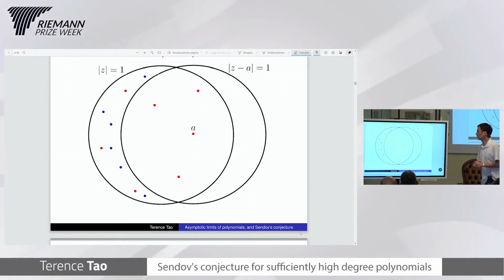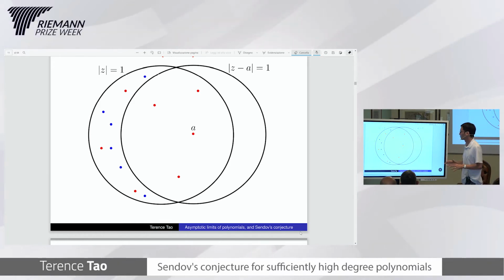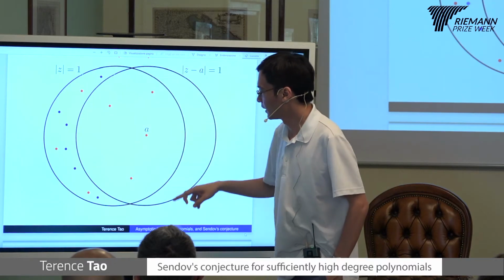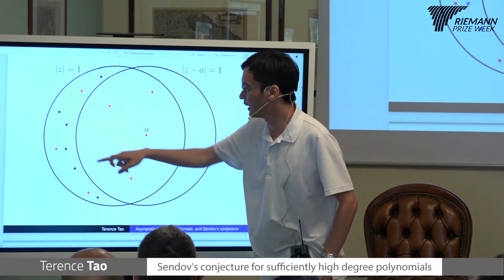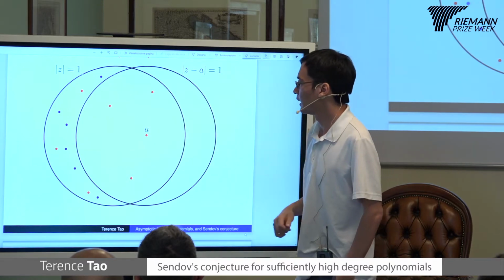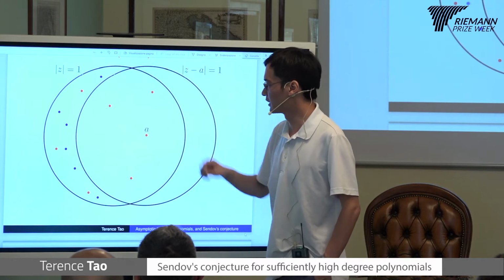Okay, so here is a depiction of the situation. This is a situation that cannot happen if Sendov's conjecture is true. So here's the unit disk. The red points are the zeros. All the zeros lie in the unit disk, which means that all the critical points lie in the unit disk as well.